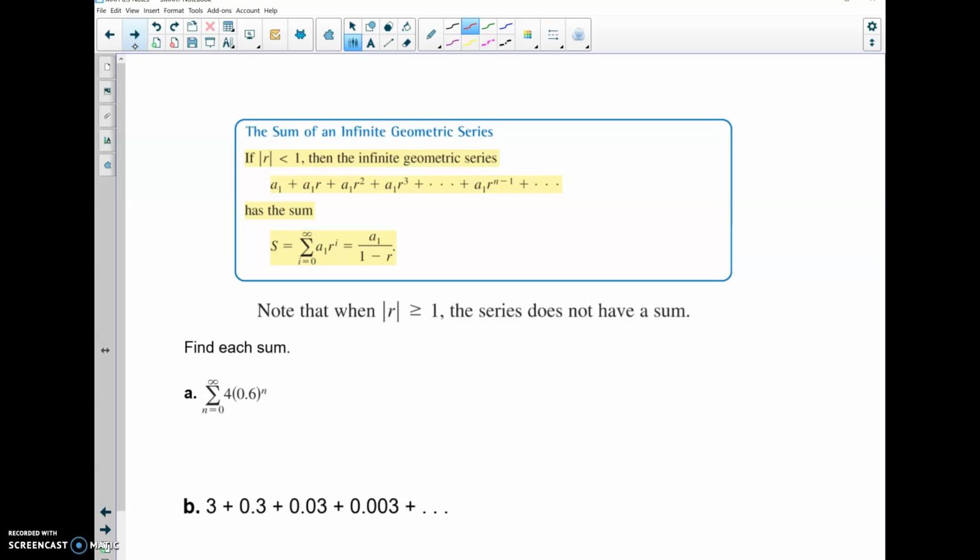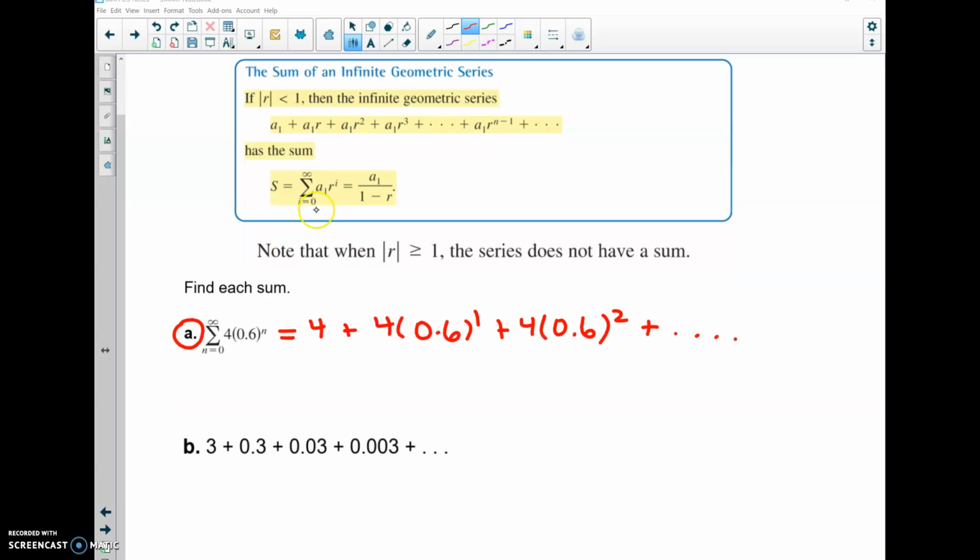All right. Our formula is up top there. Let's look at our first example here. We have an infinite geometric series for part A here, and let's use the formula to solve that out. Quick check here. Our index is 0 for our formula, and our index is 0 here. So this raised to the 0 power is 1, so 4 times 1 is 4, so that is our a sub 1.